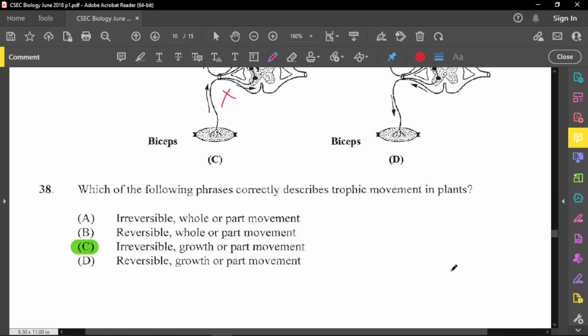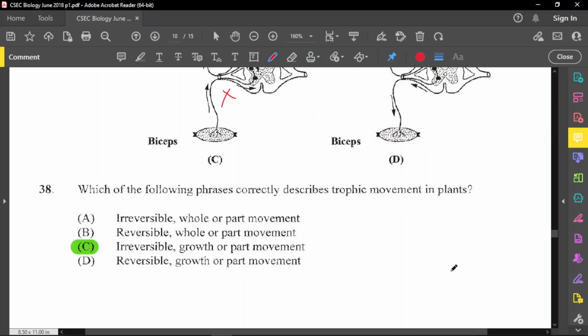And trophic movements, this is a debate. This question can be debatable. I'm going to explain before I even mention the answer. Here, trophic response is a growth response. Growth is an irreversible thing. You cannot reverse growth. However, the direction of response can be reversed, right?